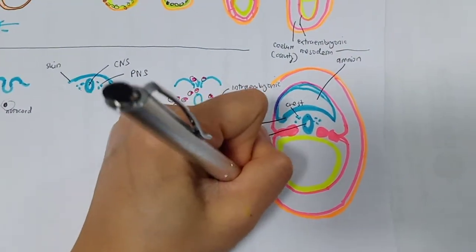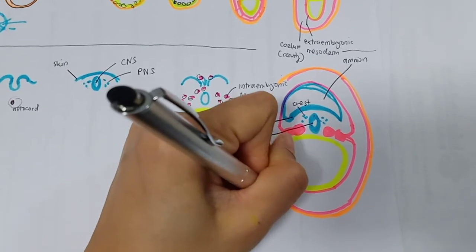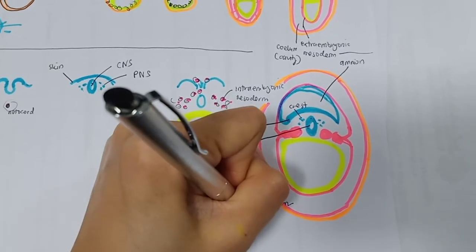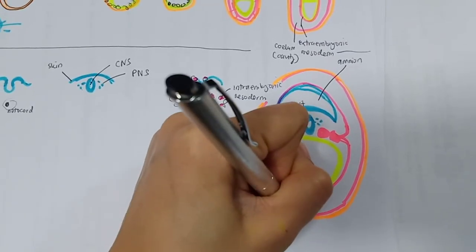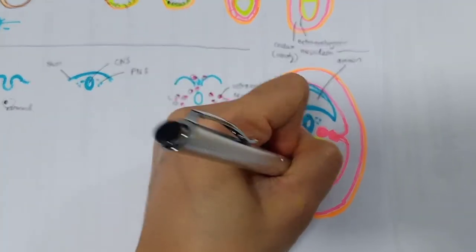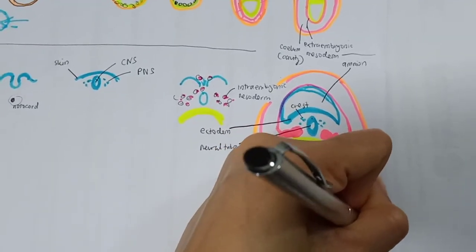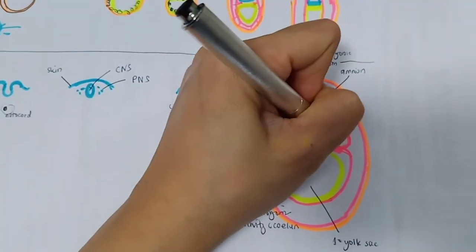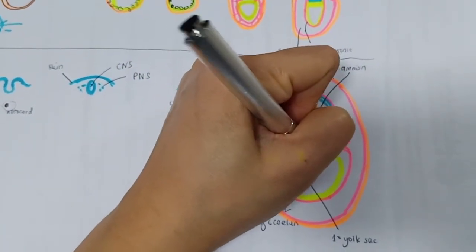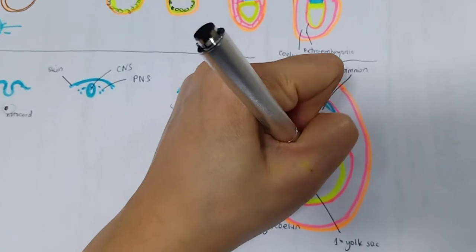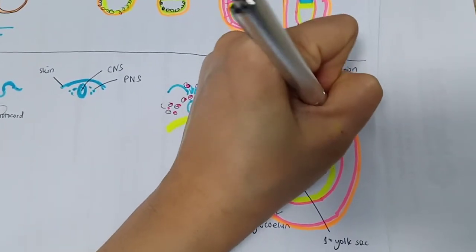This will be the extraembryonic cavity, the coelom. This will be the primary yolk sac. This will be the paraxial mesoderm. This will be the intermediate mesoderm.